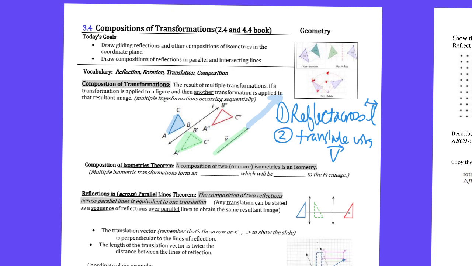A composition of two or more isometries is also an isometry. That just means they're congruent. Multiple isometric transformations form an image which will be congruent to the pre-image.